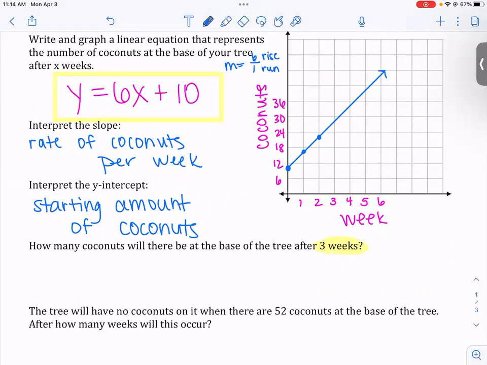Where would I plug 3 in? y equals 6 times 3 plus 10. Since weeks are on our x-axis, we plug 3 in for x. We're going to have 28 coconuts at the base of our tree.